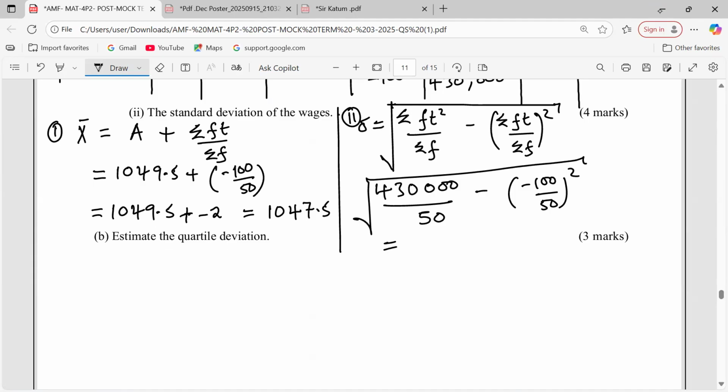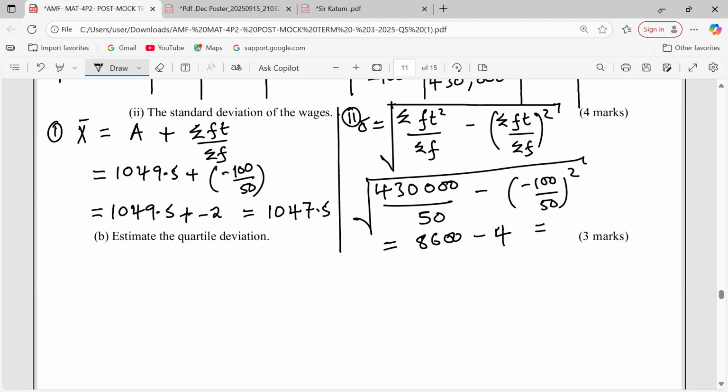When we take 430,000 and divide by 50, we get 8600, minus, I take negative 100, divide by 50, I get negative 2, and I square the answer. I get 4.